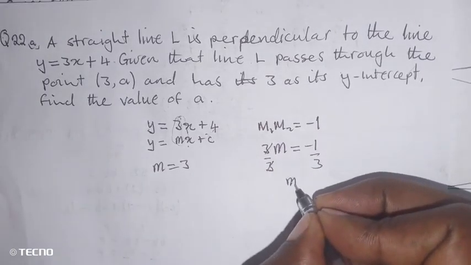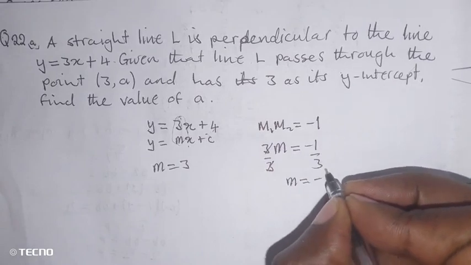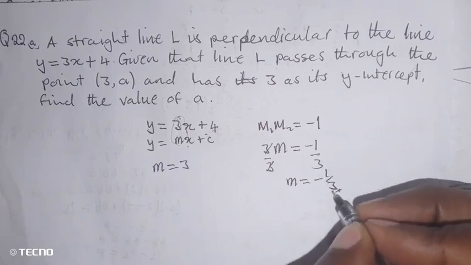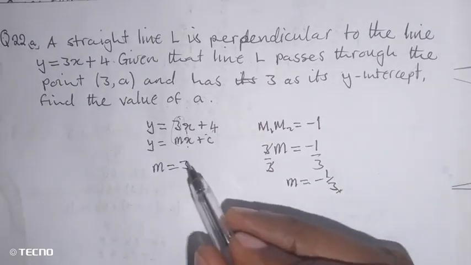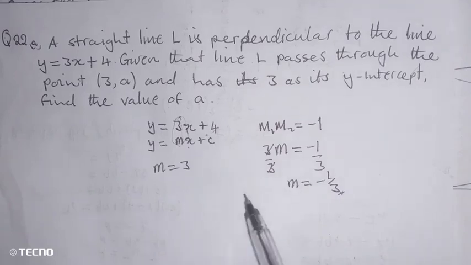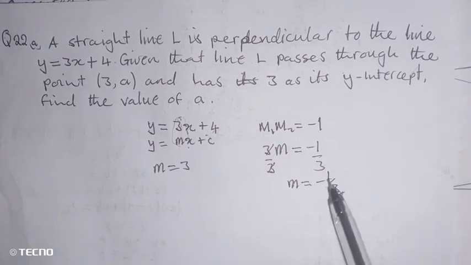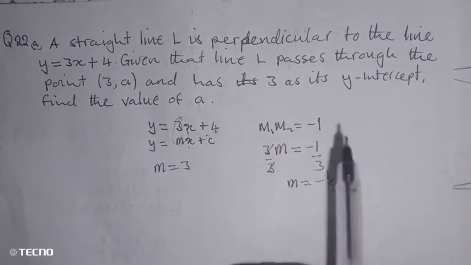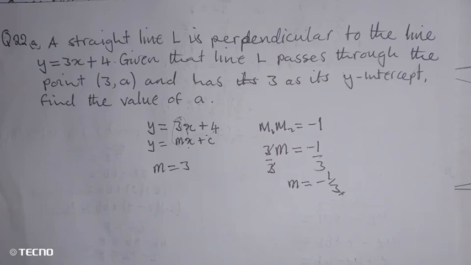Then our gradient here will be m is equal to -1 over 3, which means these are perpendicular gradients. So they are going to make a perpendicular line. Now the line is going to have a y-intercept of 3.